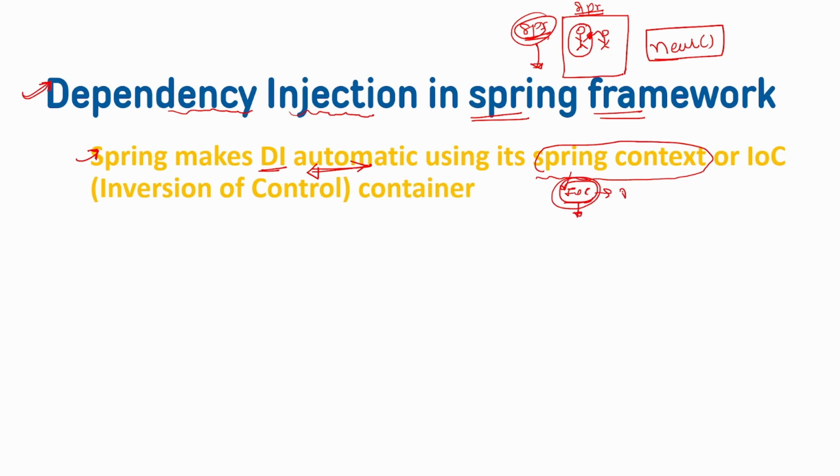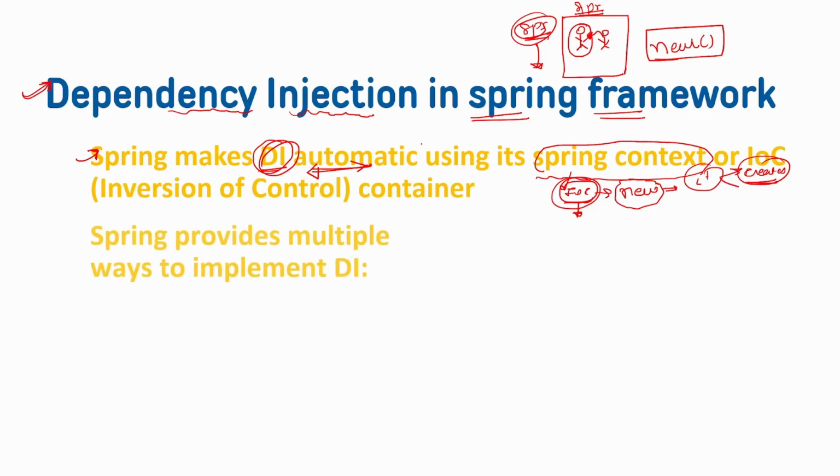The code itself does not control the execution of the program; rather, another piece of software, the Spring framework, controls its execution. What is meant by controlling the execution? It creates the object and calls the other methods. So it is an example of inversion of control. Spring makes dependency injection automatic using the Spring context or IOC container.